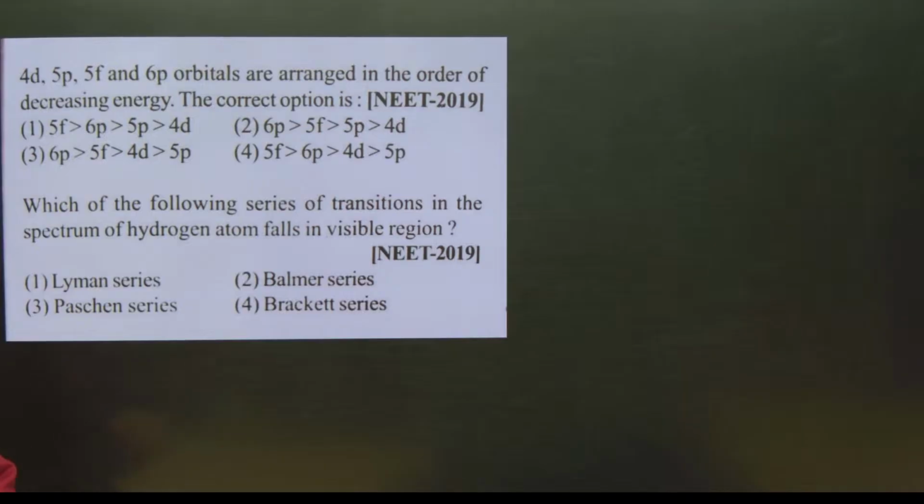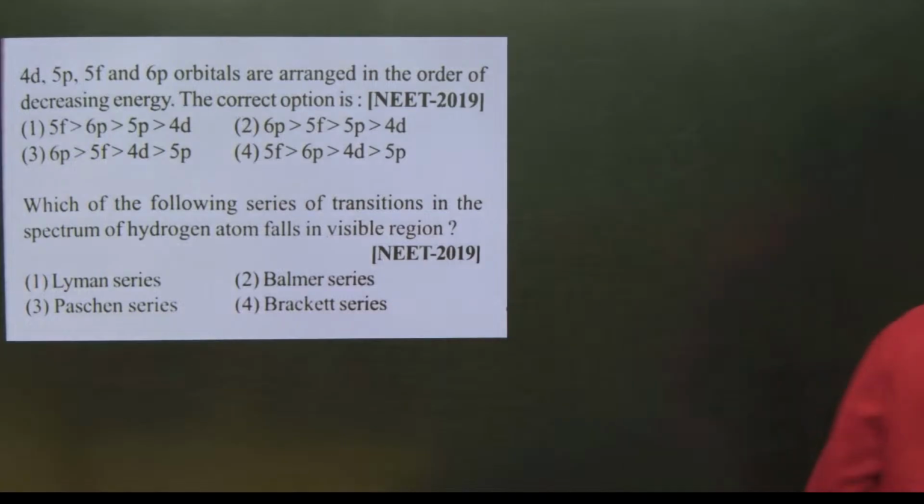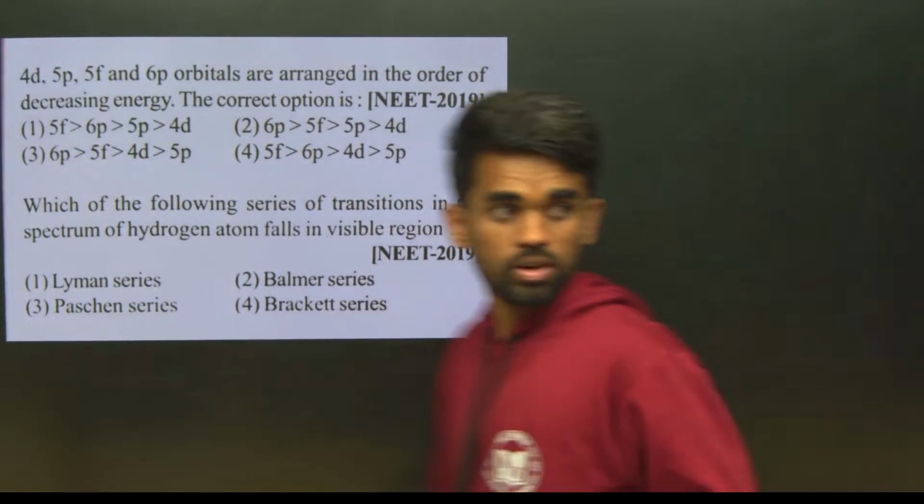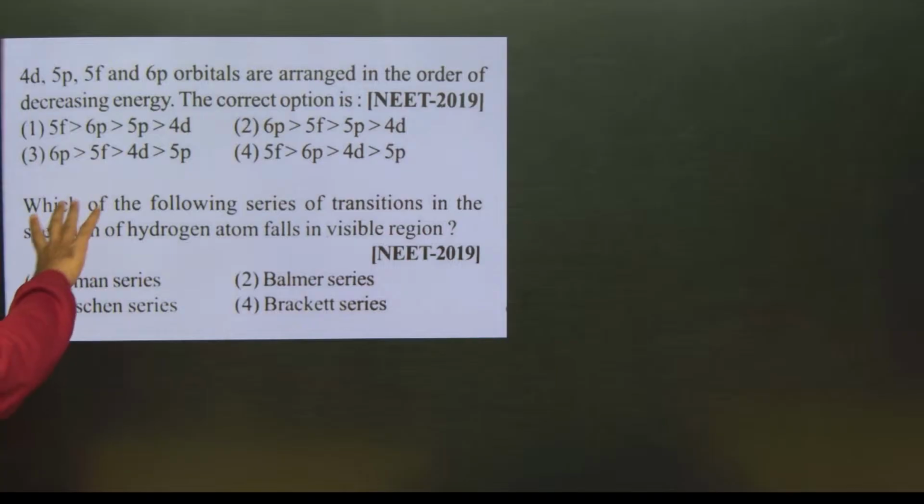Just tell me the answer for this previous question: 4d, 5p, 5s, 6s orbitals arranged in descending order. Tell me first. This one is the last answer. You tell me and go.